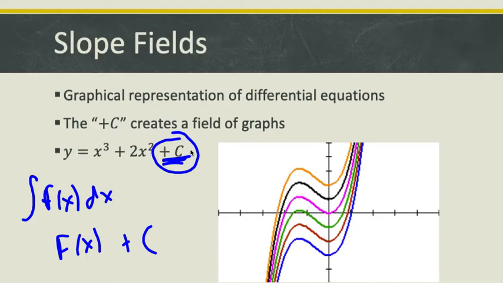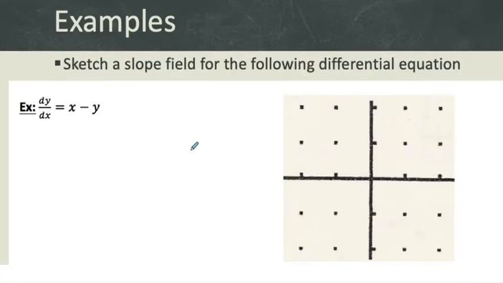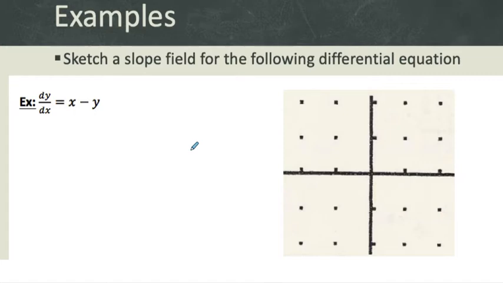Basically, what we're going to do is draw these by drawing little lines, and I'll show you what I mean in this first example. A lot of AP tests will have a slope field in the free response. They don't give you as many points as what I have here.